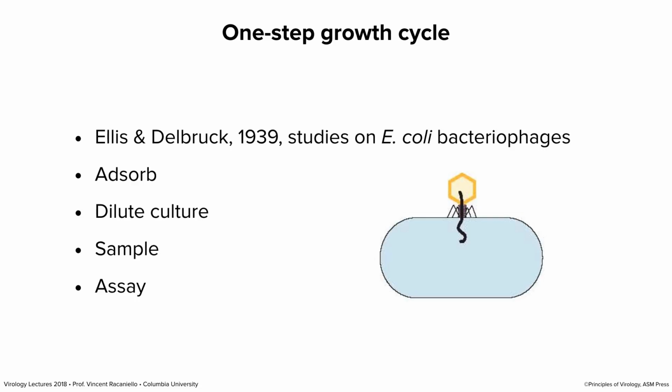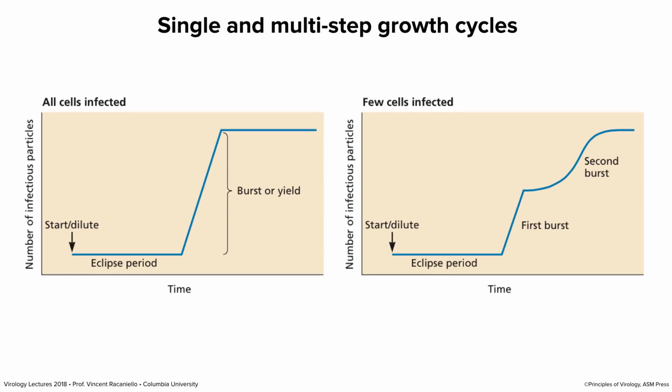We're going to take a culture of cells, whether they be bacterial or eukaryotic. We're going to infect all of them. We're going to let the virus replicate and end, and then we're going to see what that looks like in terms of production. And we actually looked at a version of this last time. So here on the left, we have a one-step growth curve where we have infected cells here, and we dilute the culture so no more infections occur, so it's synchronized.